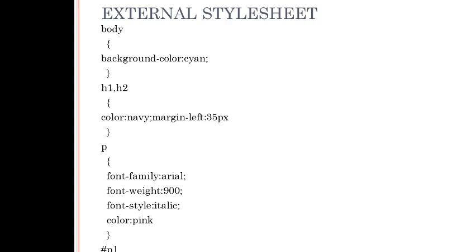The advantage of writing CSS this way is that the same CSS file can be connected to many HTML pages, so the same style can be given to multiple pages. In this case, we'll be creating two files: one is the HTML file and the other is the CSS file. The CSS file will be stored with the extension CSS.